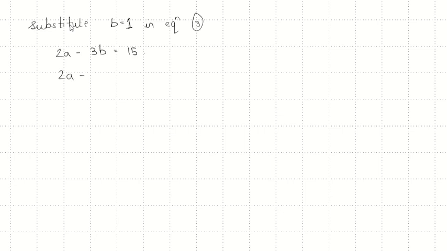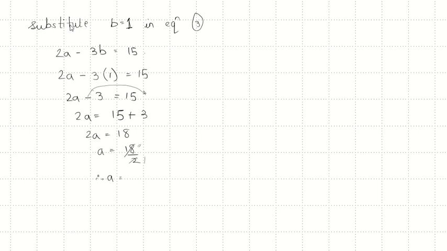So 2a minus 3, what is b? b is 1, is equal to 15. So 2a minus 3 into 1 is 3, is equal to 15. When this minus 3 comes to the right hand side, it will become plus 3. So 2a is equal to 18 and a is equal to 18 upon 2. So we got the value of a: 2 nines are 18, a is equal to 9.